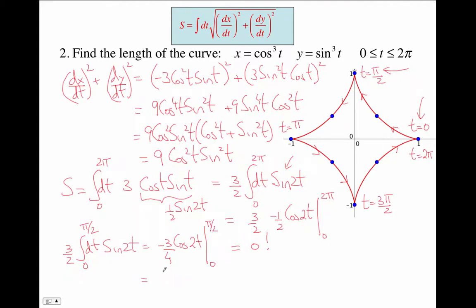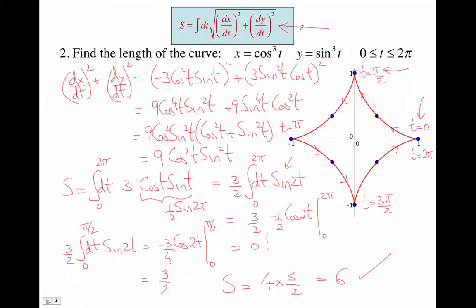This answer, of course, is plus 3 by 2. So we have covered a distance 3 by 2 in walking from here to here, and the total distance s will be 4 times 3 by 2, which is 6 units. So that's the correct answer.